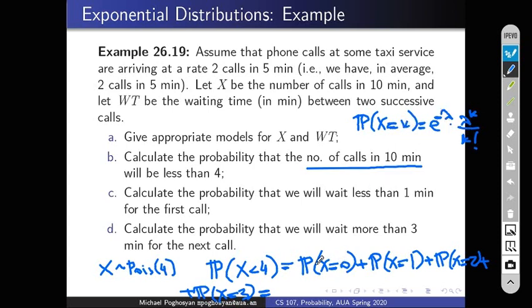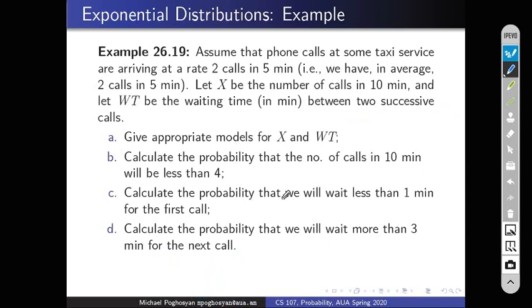I will have e to the minus 4, plus the probability that x is 1, e to the minus 4 times 4 to the 1 over 1 factorial, plus, I will not write the formulas for 2 and 3. You can calculate this by using the Poisson distribution with parameter 4.